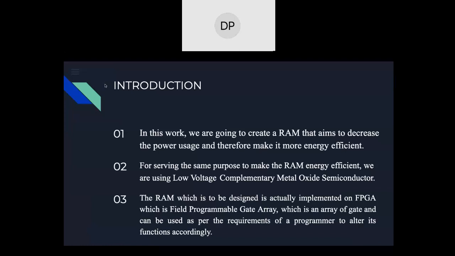The RAM which is to be designed is implemented on FPGA, which is a field programmable gate array, an array of gates that can be used as per the requirements of a programmer to alter its function accordingly.